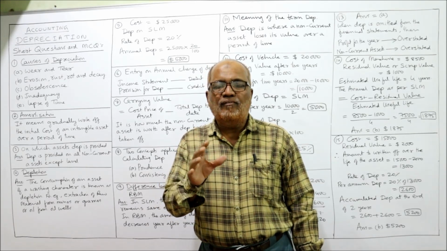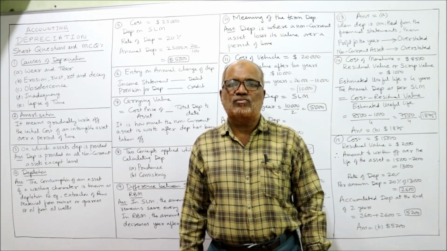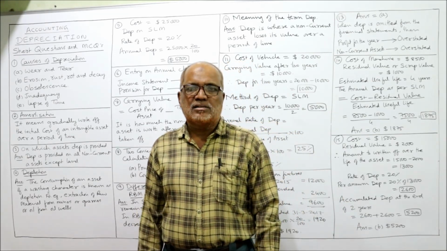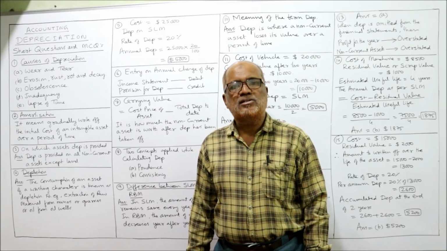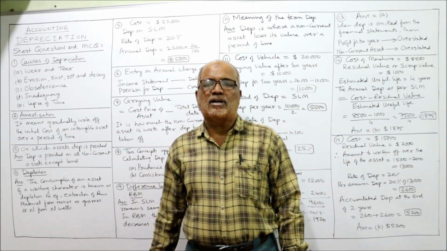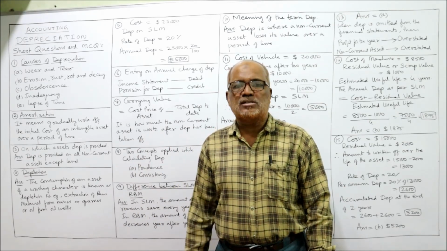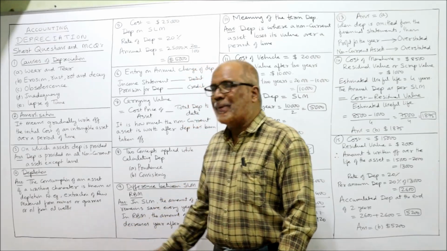An example is the natural resources extracted from the earth, like minerals, oil, coal, stones, etc. These are natural resources which are underneath the ground. So when we extract these natural resources, the value will come down. This is called depletion.